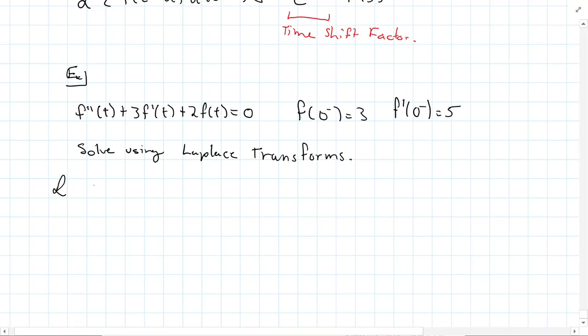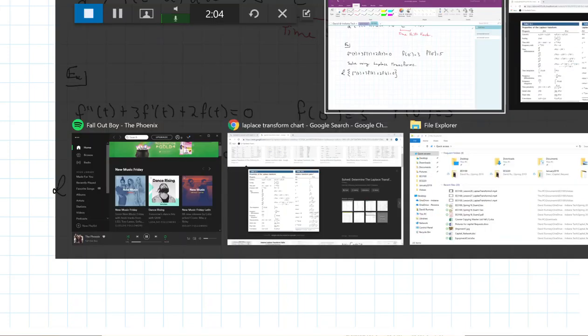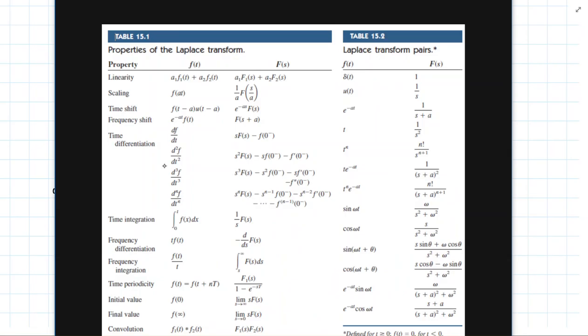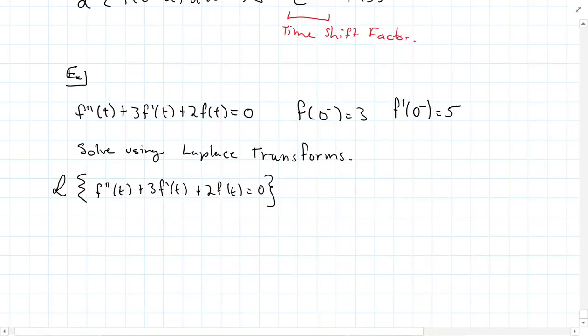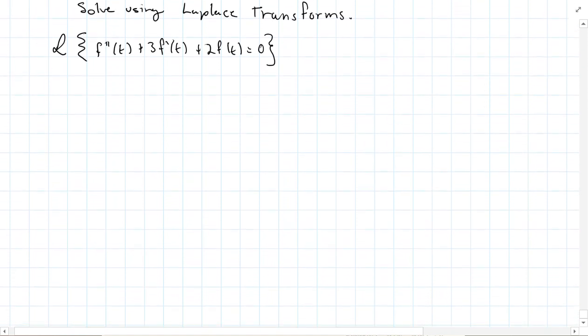So basically, if I want to use a Laplace transform, I take a Laplace transform of my differential equation, and then I just go ahead and use some of those properties, because I start with a second derivative. And remember, we have that table here where we know what happens if you get a second derivative. So I'm going to write these in brackets here just so that we can see everything.